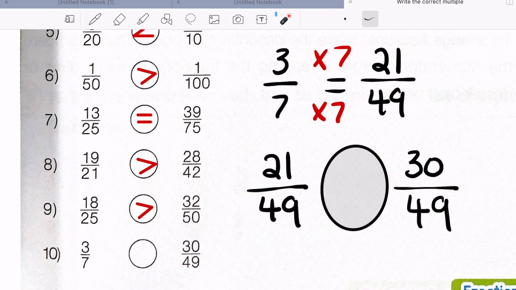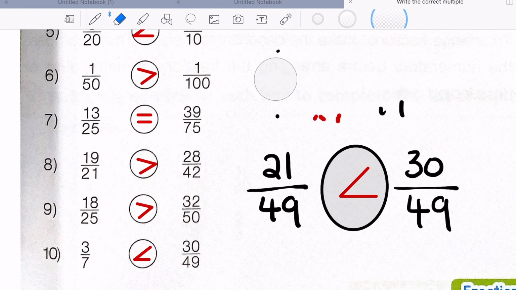So we can say 30/49 is bigger than 21/49. And we can also say 30/49 is bigger than 3/7.